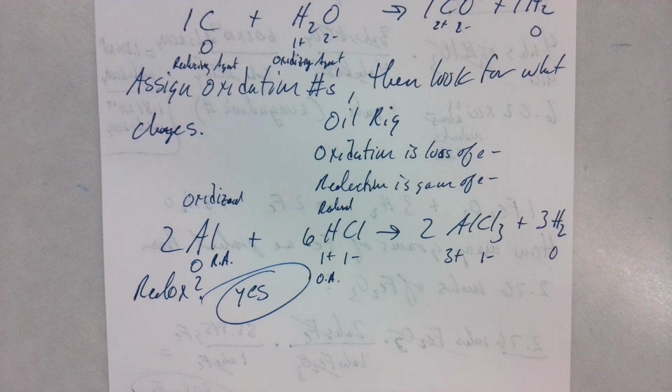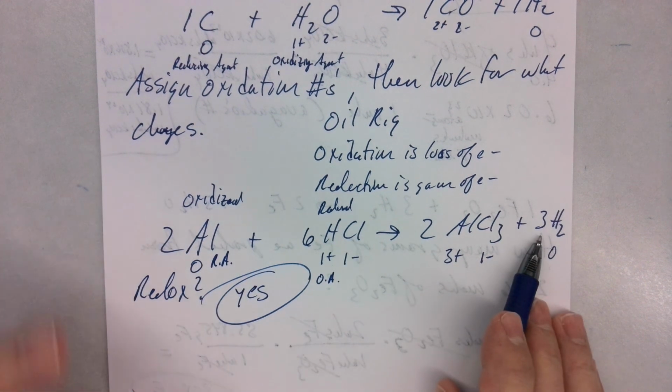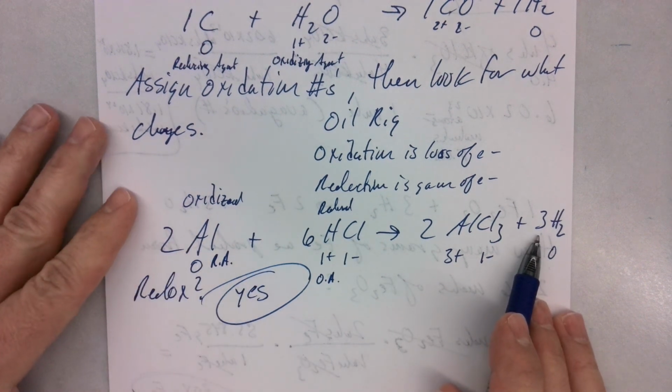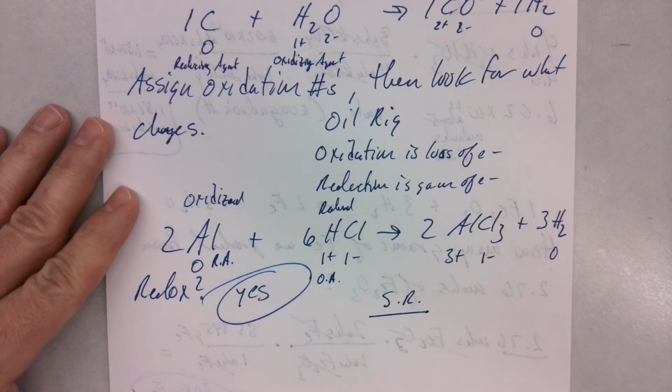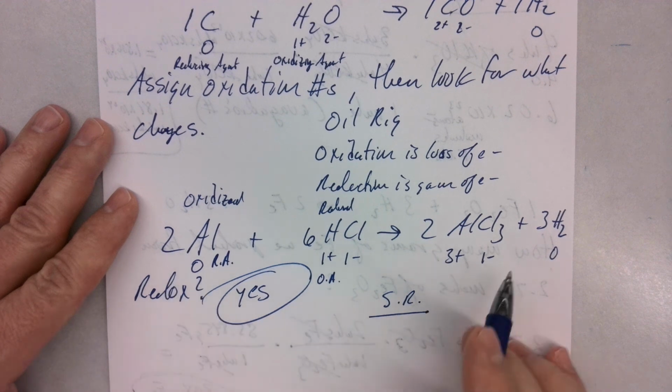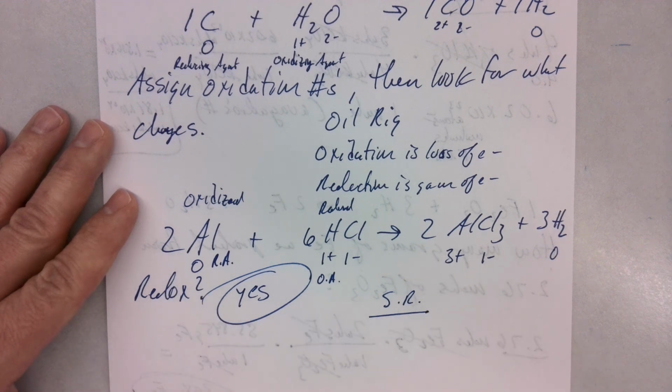And another dead giveaway is, let me know what kind of reaction that was. Single replacement. And remember what I said about single replacement reactions? They're always redox. Always. If it's double, it's never redox. If it's single, it's always redox. The others, you've got to do this to figure out. That makes sense? How do you know it's single replacement?